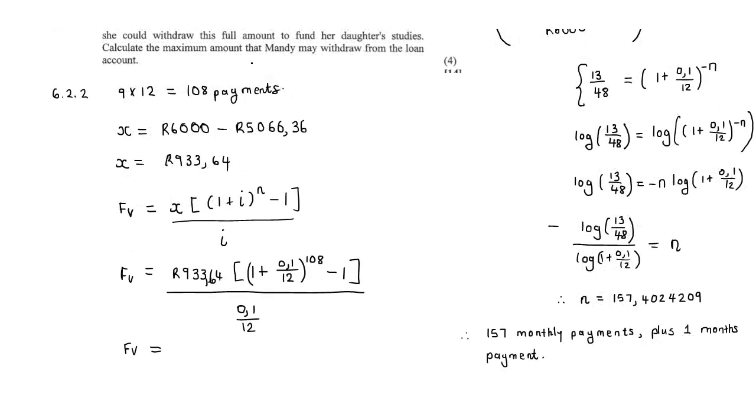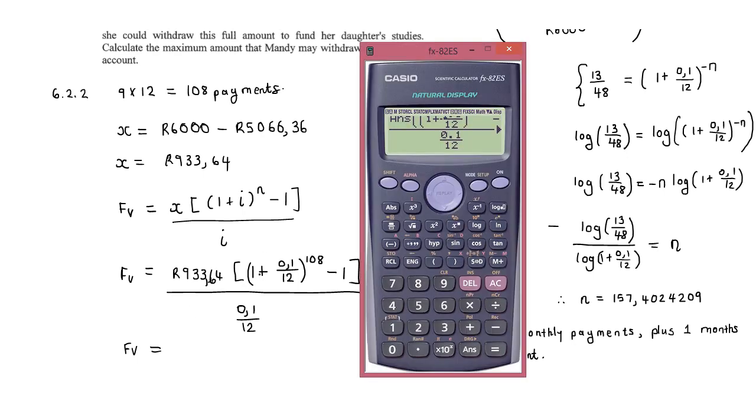The maximum amount that Mandy can withdraw is given by this fraction over here, and this works out to be 162,503 Rand and 51 cents. That's the maximum that she can withdraw from her loan.